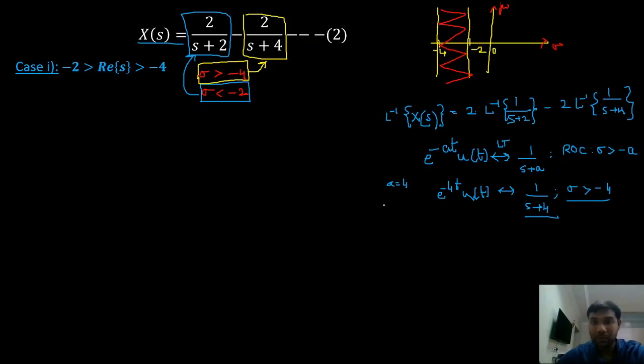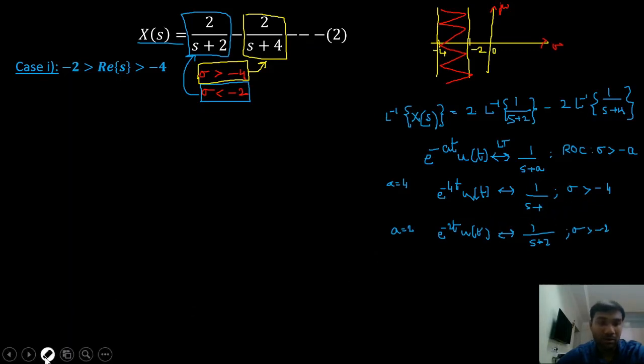Now let us try substituting a equals 2. If I substitute a equals 2, what will I get? e^(-2t) u(t) has the Laplace transform 1 by s plus 2, and the ROC is sigma greater than minus 2.